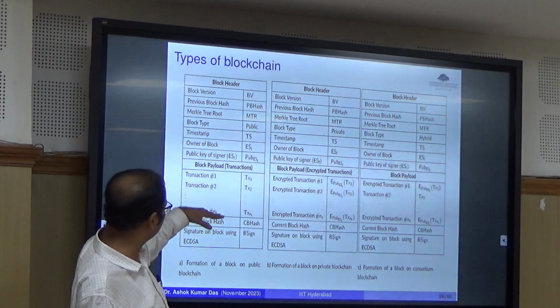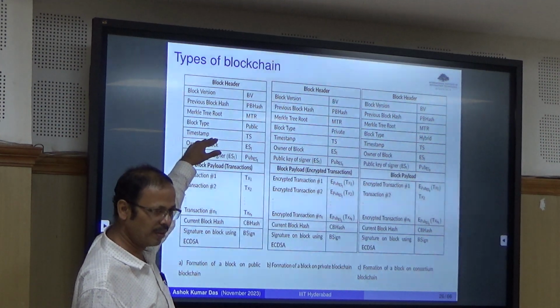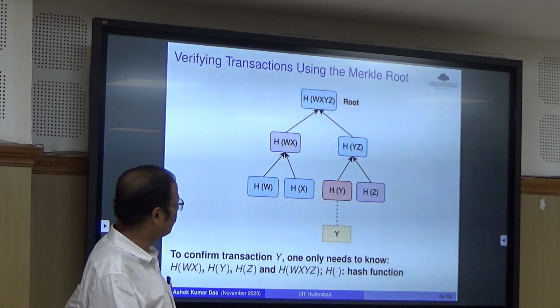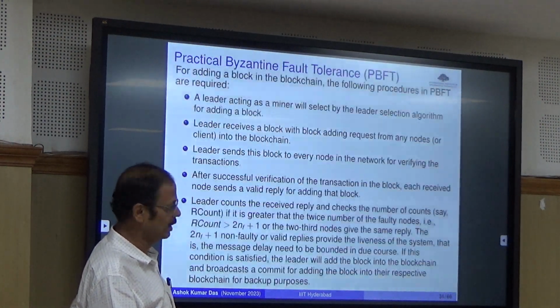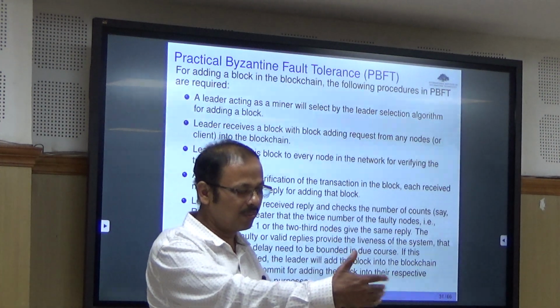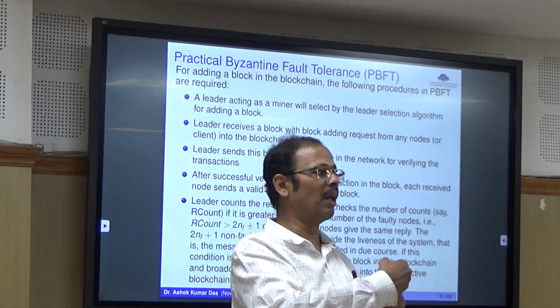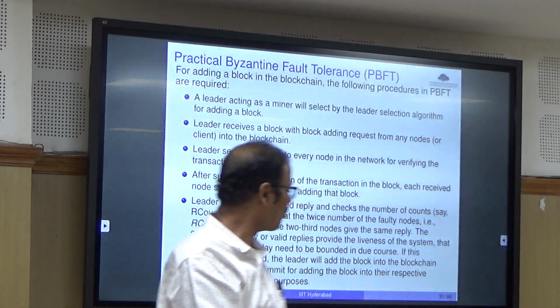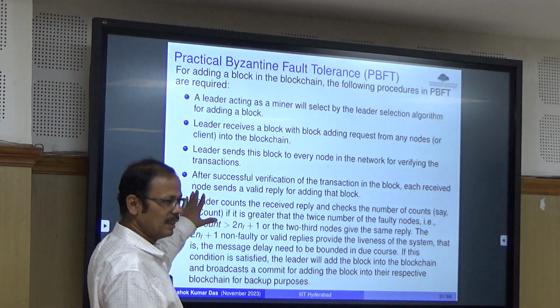And if these things are verified successfully, then only the peer node will send a valid reply message to the leader, because the adding request came from the leader, and the peer is sending a valid reply message once the block verification is successful.